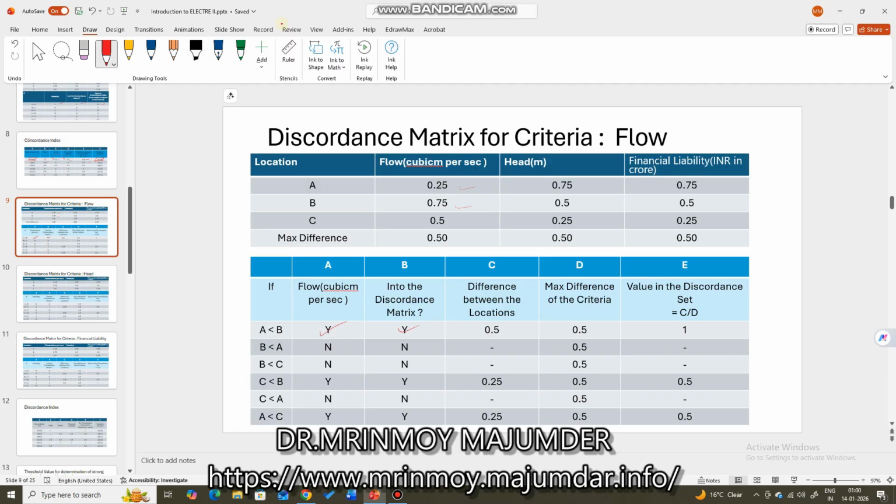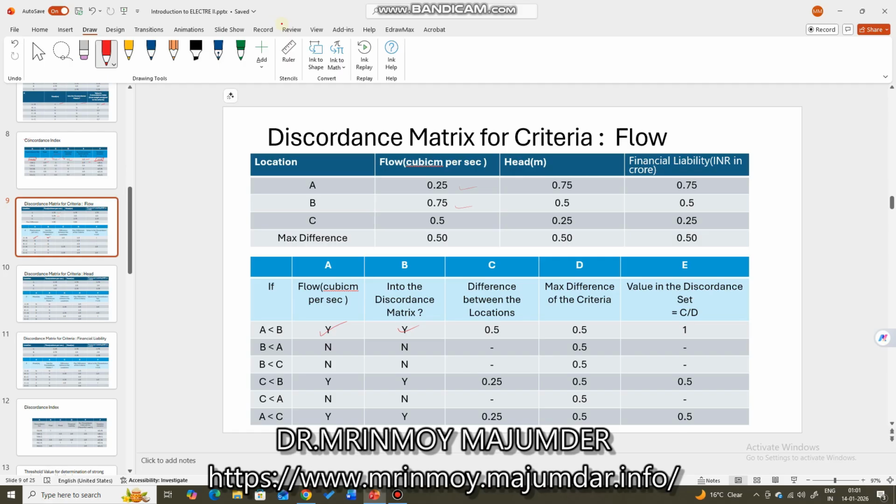So here it is mentioned the result is included in the difference between the locations column. So it is 0.5, A less than B. You see A is 0.25, B is 0.75. So it is clear cut, the difference is there.